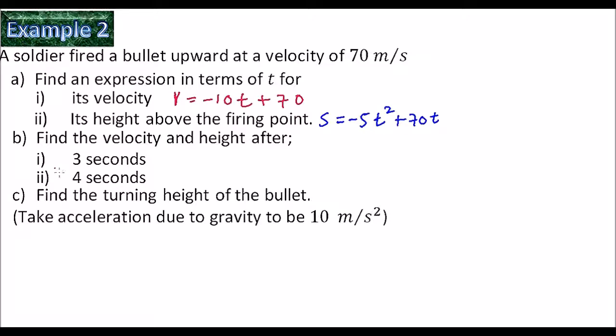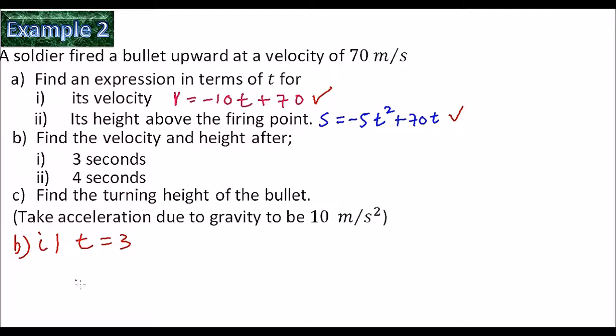So part B, find the velocity and height after 3 seconds. We already have the expression for velocity and the height, or the displacement. So part B, Roman number 1, t is equal to 3.